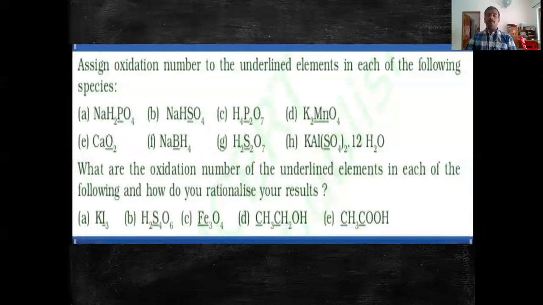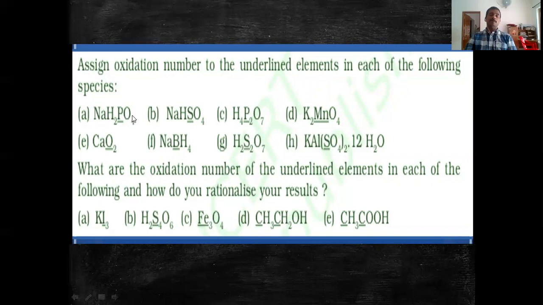Here are some homeworks for you. You have to find out the oxidation state of these compounds. So here, for example, NaH2PO4: sodium +1, hydrogen +1, oxygen -2. We have to find out the oxidation state of phosphorus.